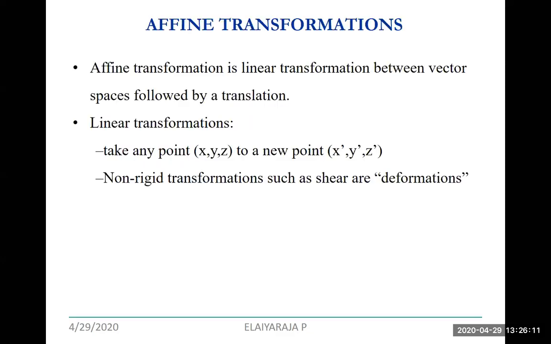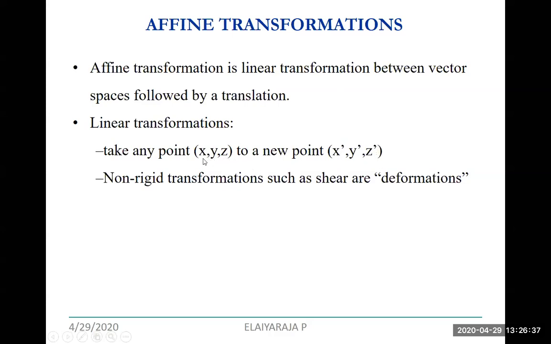Here, an affine transformation is a linear transformation between vector spaces followed by a translation. So any point with coordinates x, y, z is translated to a new point x dash, y dash, z dash.